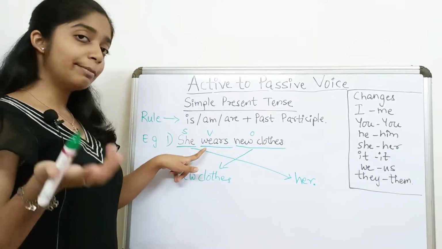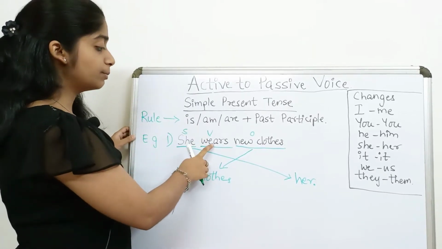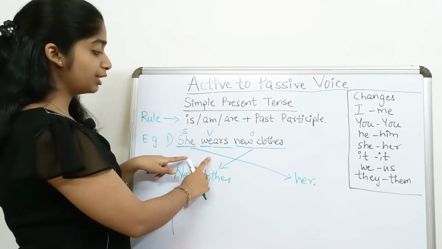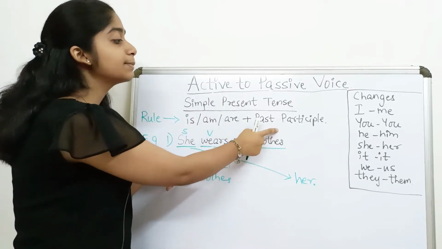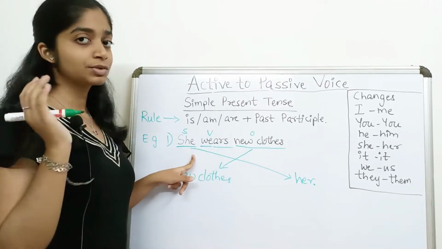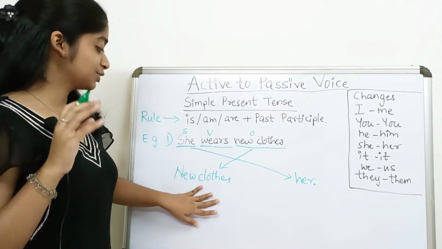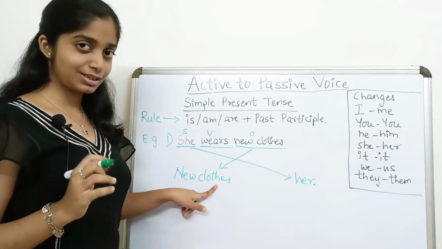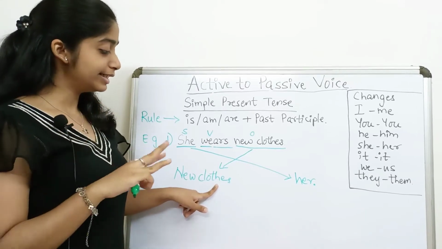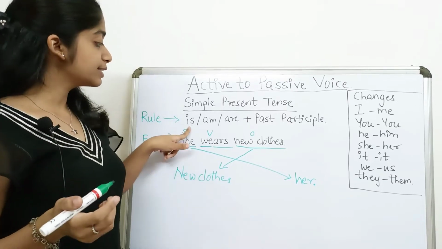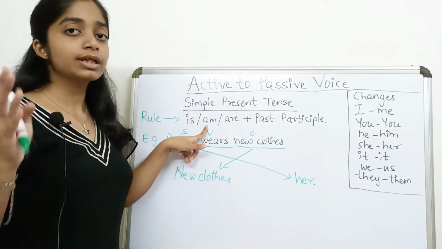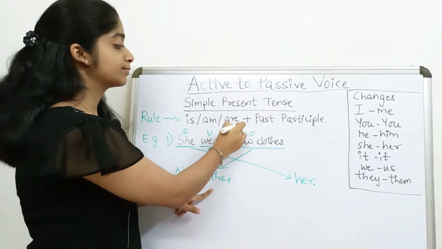Now, what remains is the verb. Verb is wears. What we have to do is use is, am, are plus the past participle of wear. Okay, so, new clothes. This clothes are plural. Therefore, is or am will not be used and we will use are.